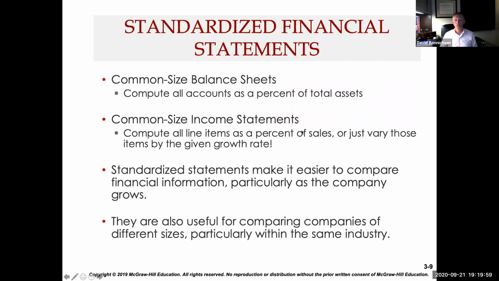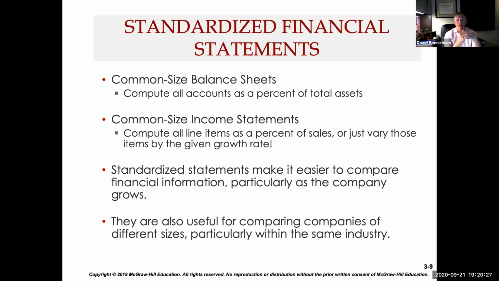All right. So when we talk about standardizing the financial statements, meaning we're trying to compare one company to another company within the same industry, line of business, sector, you know, SIC code, NAICS, whatever you want to call it, right?